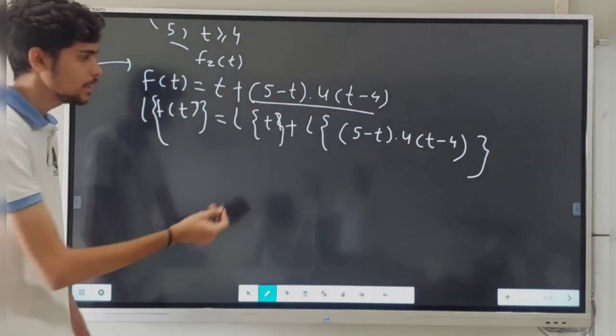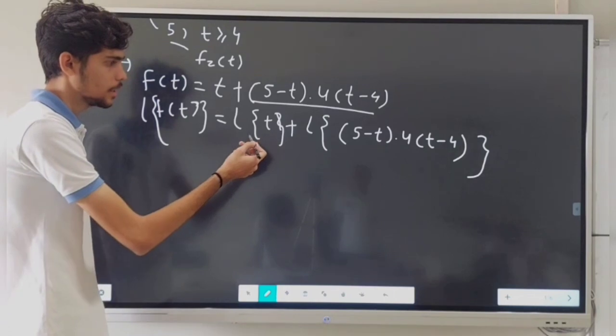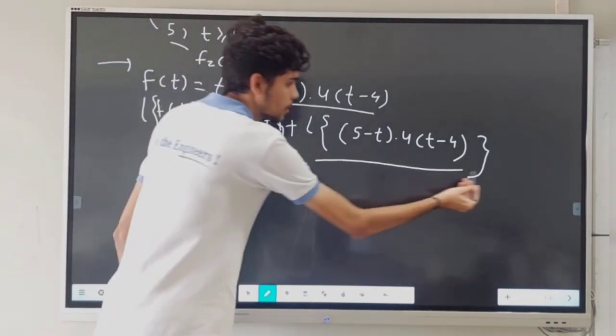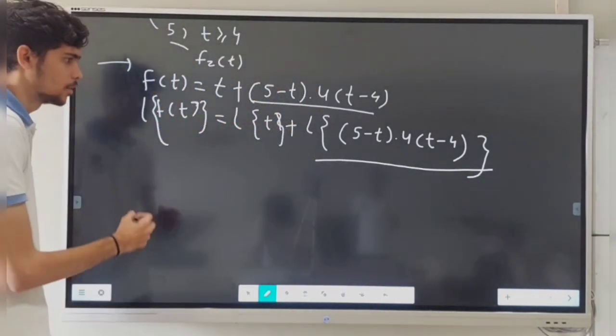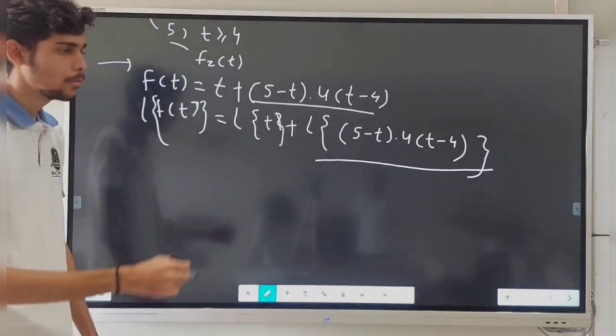We can easily take the Laplace of the first term, but for solving the second function there is a property, so we have to solve with the help of the property.